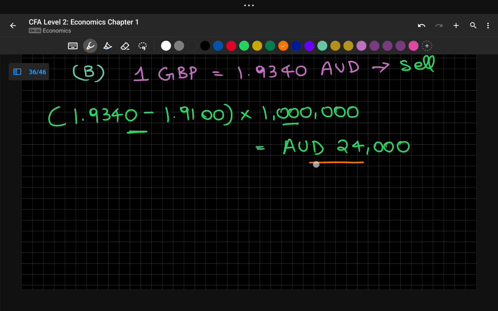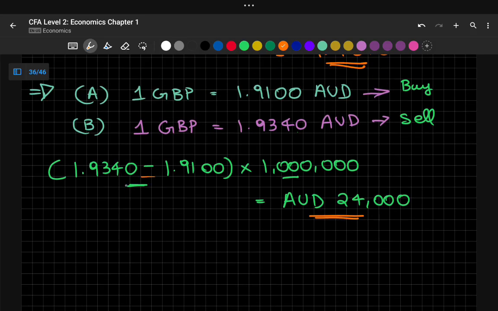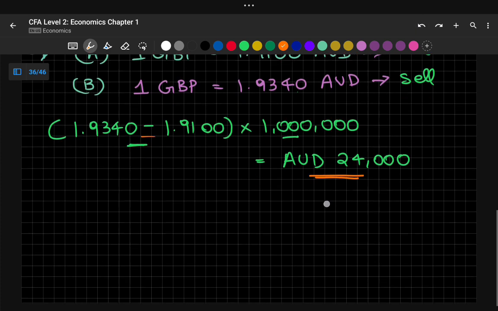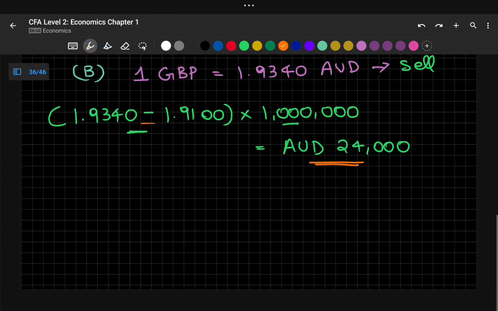Now, this AUD 24,000 is an amount that would be received after 3 months, because this is based on the 3-month forward rate, right? But I need to close out the position. That is, Ria needs to close out the position today, that is, after 6 months of the first contract.